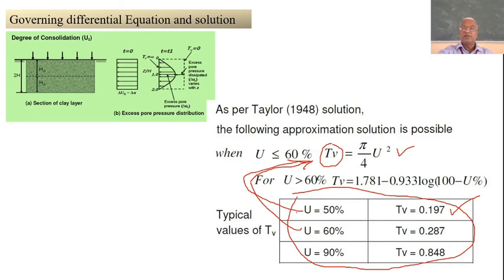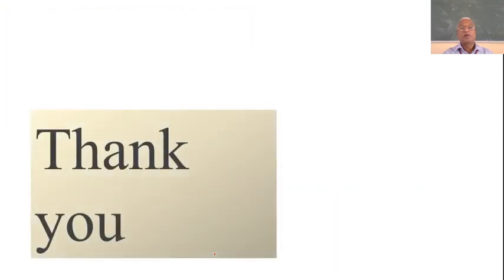So in the second equation, if you put the value of U as 90%, you will get 0.848. So these are the values required for solving problems and calculations. Okay, we'll stop here. We'll see further.